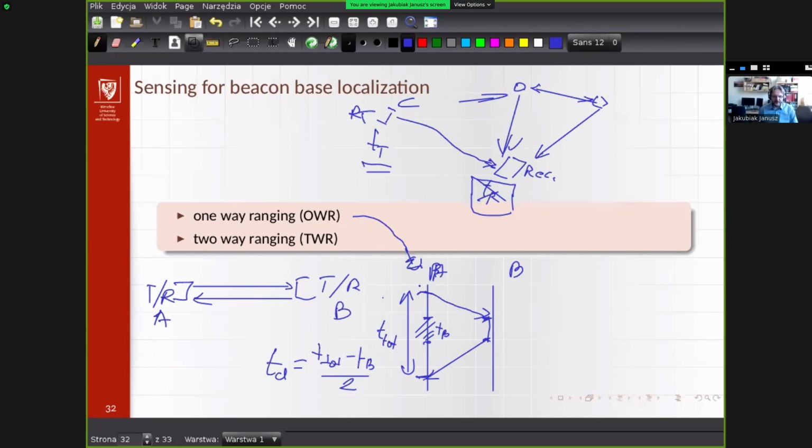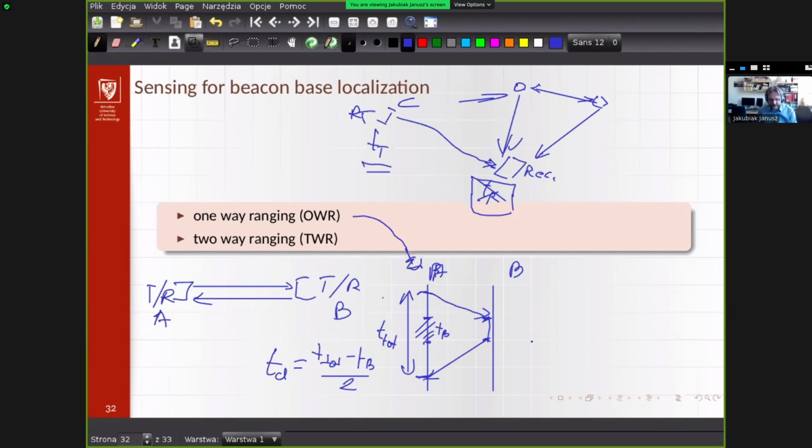For a single measurement they make twice this two-way ranging approach, just to reduce the error, but also to inform B about the travel time, because currently in this situation only A knows the distance, B doesn't have enough information. But if you make a similar process again immediately after the first one, then also B can get information about the distance, and it will be informed on both sides.